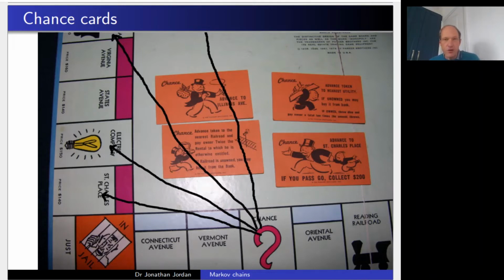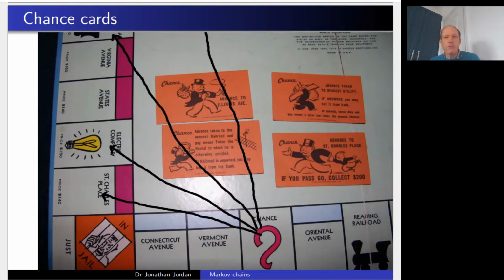And in the photograph here, you can actually see 4 of the cards, again from the 1980s American edition, which tell you where to move. So, for example, if you look at the bottom right, one of those orange cards tells you to advance to St. Charles's Place, which you can see is the square 4 along, just the first one after jail.